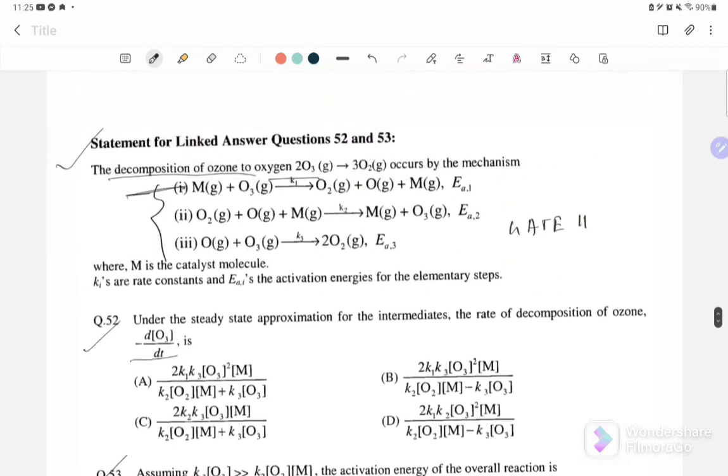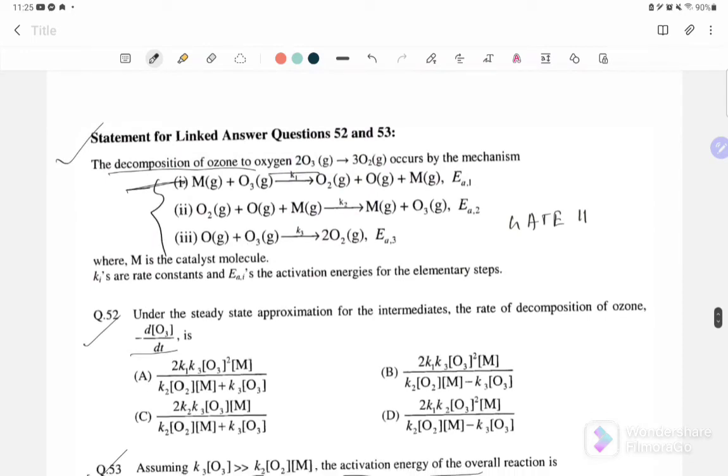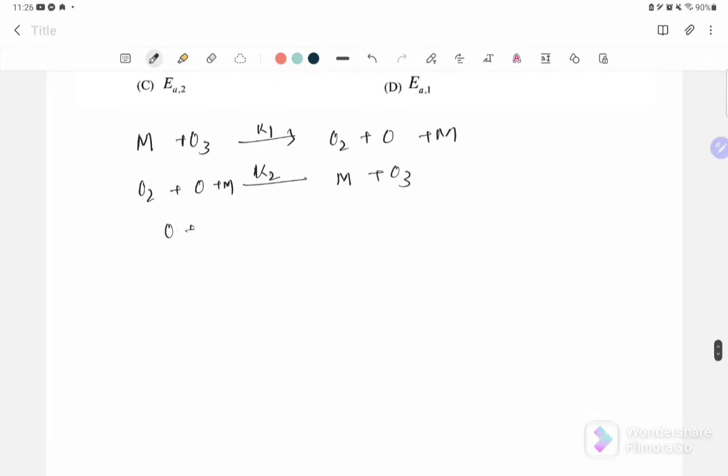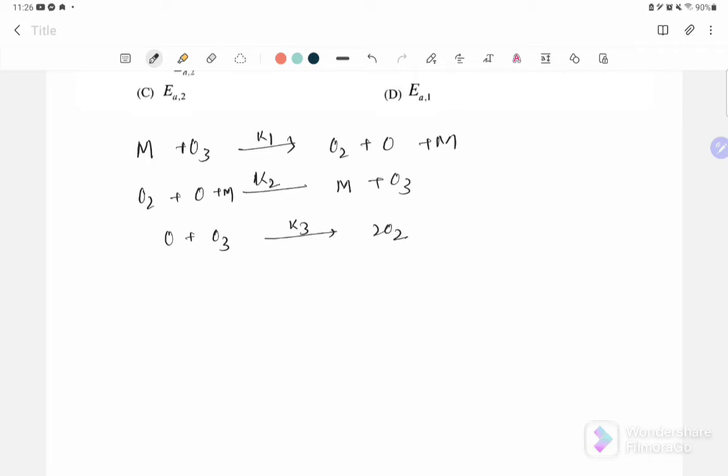The third one is O plus O3 going to 2 O2, with rate constant K3. So these are three equations.